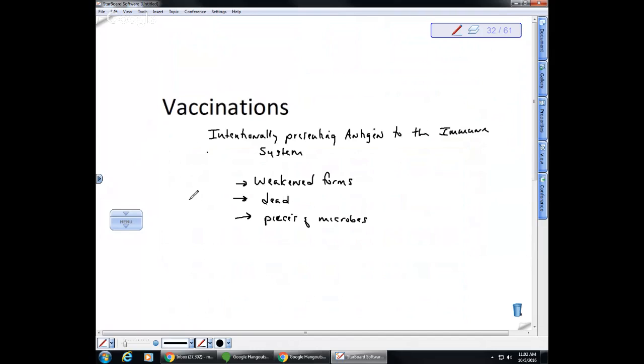So it depends upon which vaccination you're looking at as to whether it's a dead virus or just a weakened virus. I think the flu is just weakened. Pieces of the microbes, right? We can also vaccinate against toxins, right? So specifically, when we talk about the tetanus shot, that's vaccinating against a toxin.